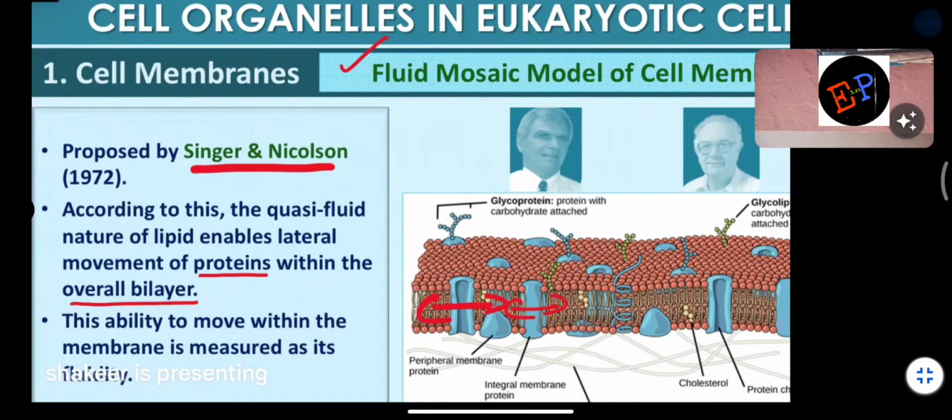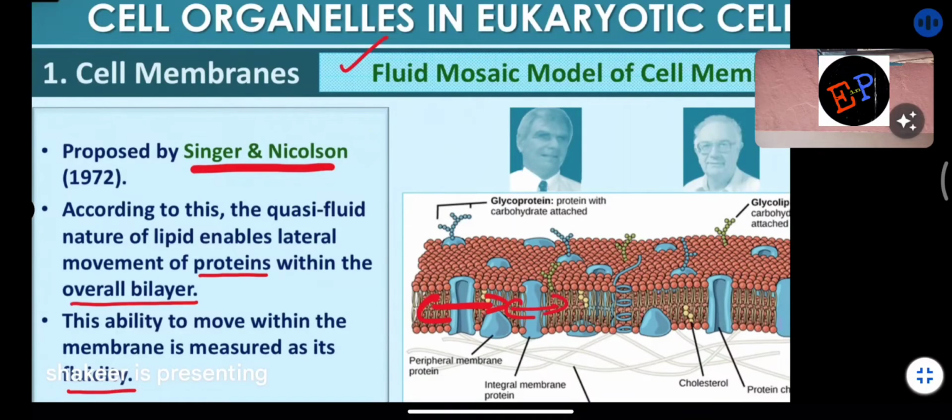It means in this bilayer of lipids, proteins can move laterally. Lateral movement means sideways movement. This observation was made by Singer and Nicholson, and that is why we call this model the fluid mosaic model. So this ability to move within a membrane is measured as its fluidity.